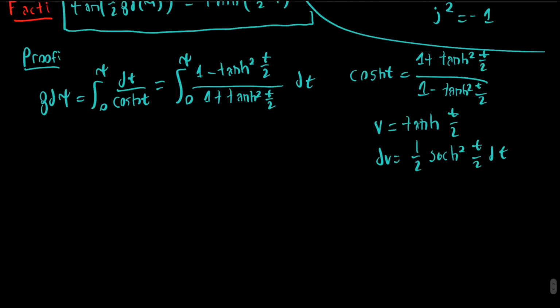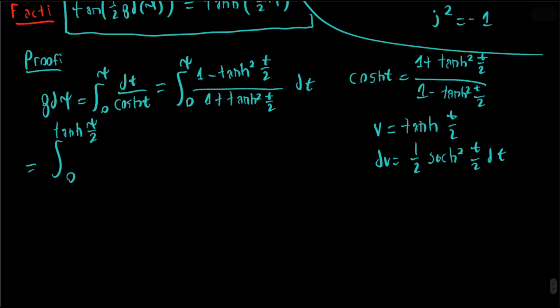Substituting all of this, and being careful in changing the bounds of integration, will yield the integral from 0 to the hyperbolic tangent of psi over 2 of 1 minus v squared over 1 plus v squared, all times dt, which will be 2 times 1 over hyperbolic secant squared t halves. So this will be 2 dv over, well, hyperbolic secant squared of t halves is actually just 1 minus hyperbolic tangent squared of t halves. So this will just be 1 minus v squared.